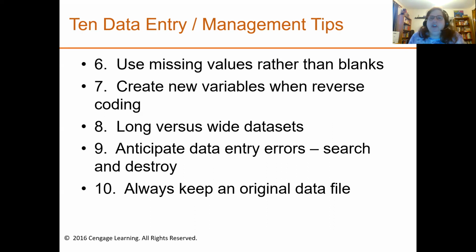You're going to have to recode that second one, making 5s ones, 4s twos, and 3s being the same. And when you do that reverse coding process, I always recommend creating a new variable rather than keeping it as it is. Okay, that's just a good data check to make sure that you actually did recode it correctly.